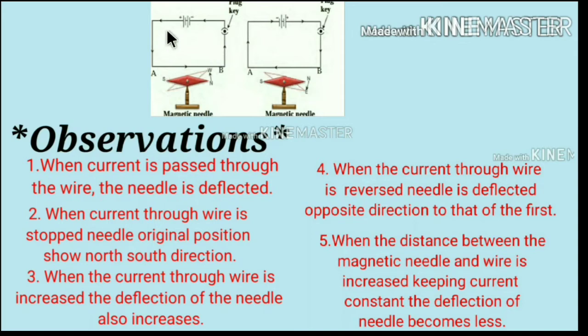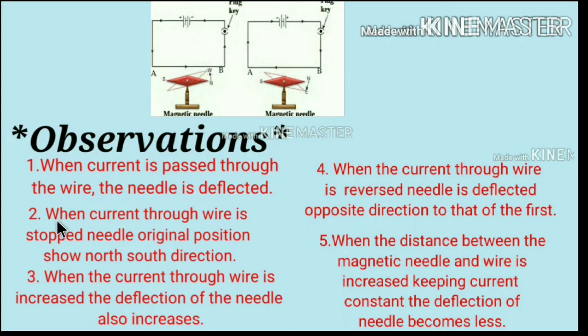When current is passed, the needle shows deflection because AB shows the magnetic effect; AB becomes a magnet, and hence the needle is deflected toward the current carrying conductor.